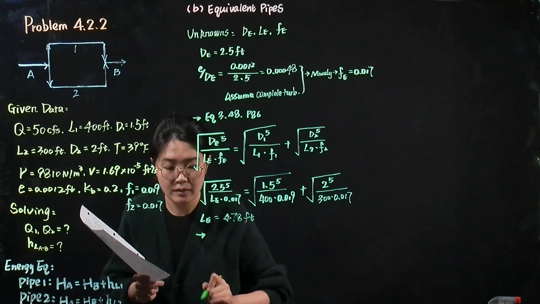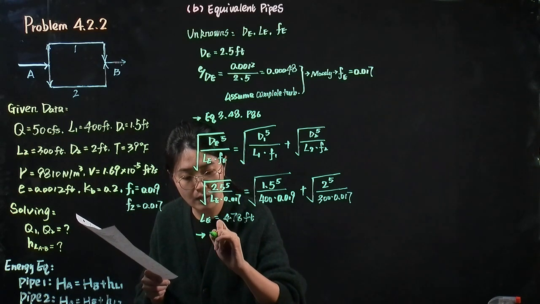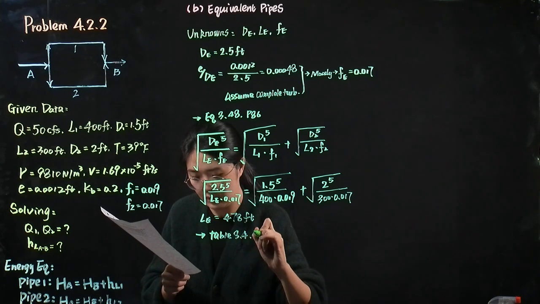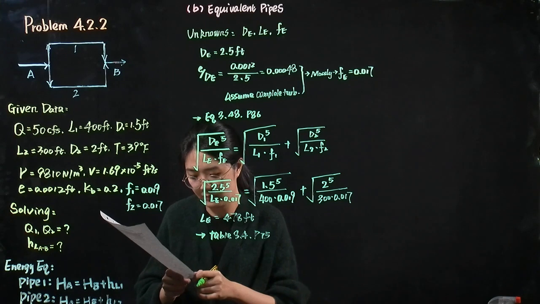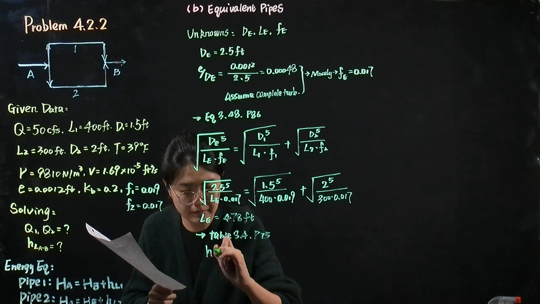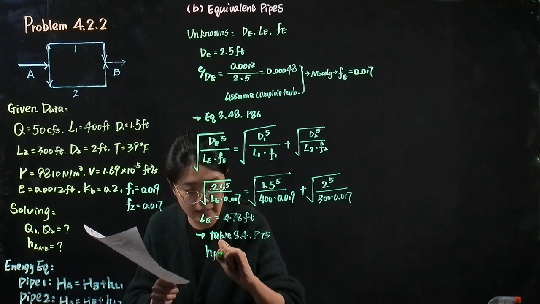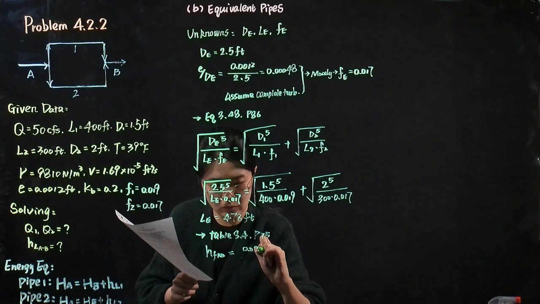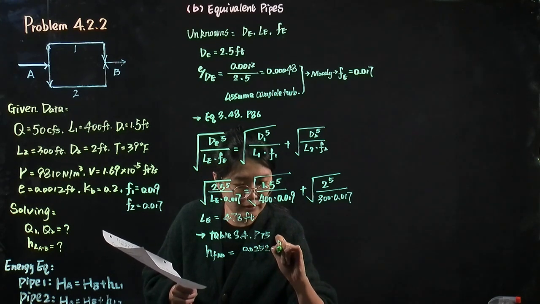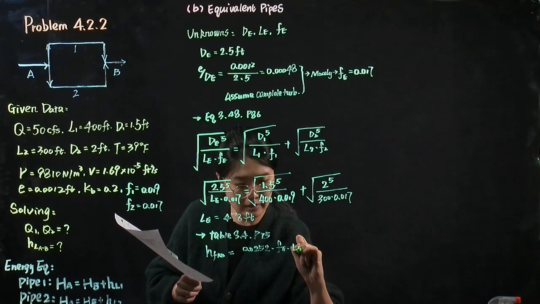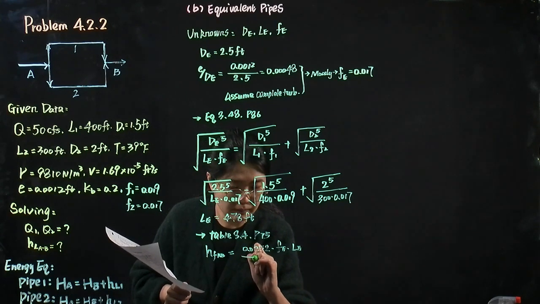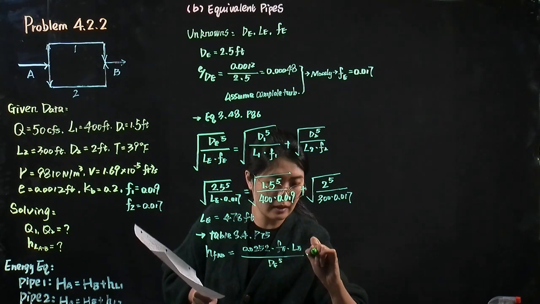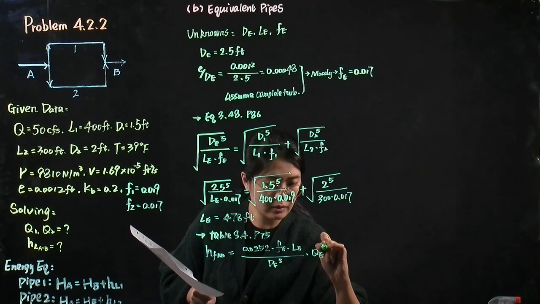And based on the Darcy-Weisbach equation given in table 3.4 on page 75, we can get the friction loss between A and B. It equals to 0.0252 times equivalent friction times equivalent length over equivalent diameter to the power of 5, then times equivalent flow rate square.